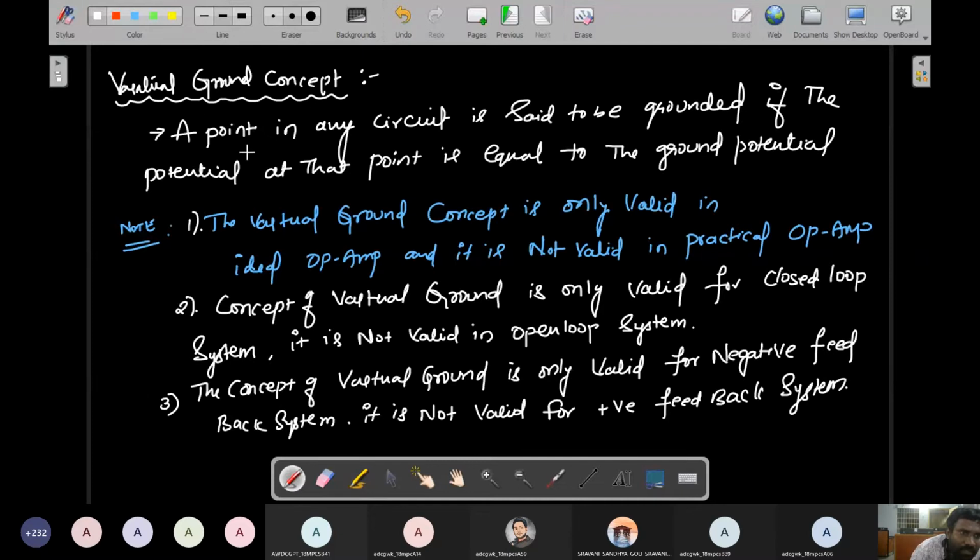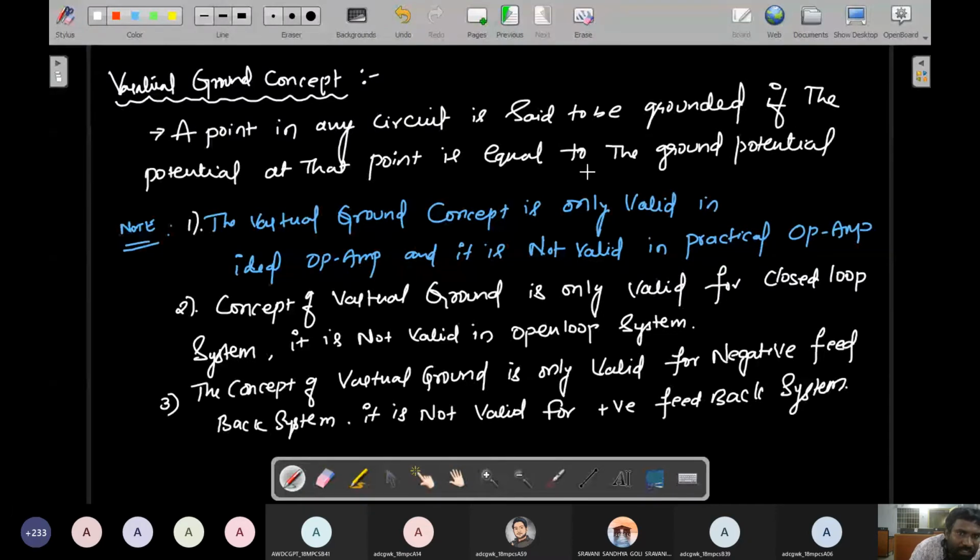So actually, what is the virtual ground concept? A point in any circuit is said to be grounded if the potential at that point is equal to the ground potential. Consider any circuit, not only an operational amplifier. If any one terminal is connected directly through a wire to the ground, then the potential at that point is always zero.